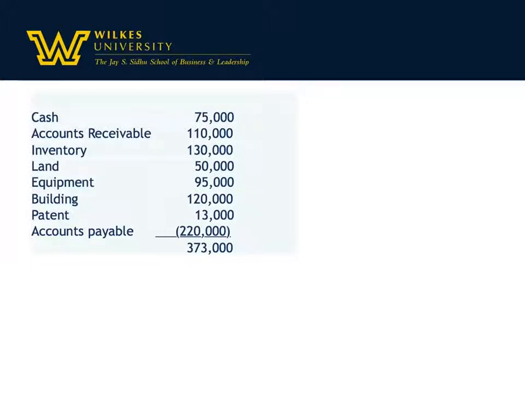So let's say that the value of inventory really isn't $130,000. The fair value of inventory is $140,000. The fair value of the land is $75,000, and the fair value of the patent is actually $18,000.